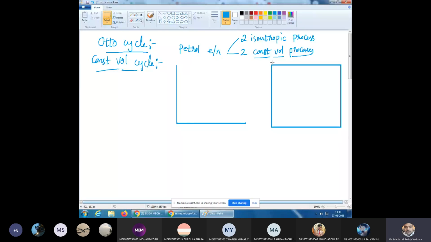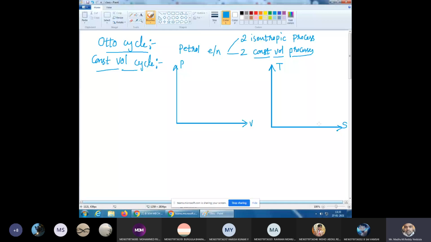Right. So let us consider first the PV diagram: pressure on the y-axis, volume on the x-axis, and for the TS diagram, temperature on the y-axis and entropy on the x-axis. Very important diagrams throughout your mechanical engineering. These diagrams you should remember. Wherever a petrol engine is there, the basic cycle is the Otto cycle.